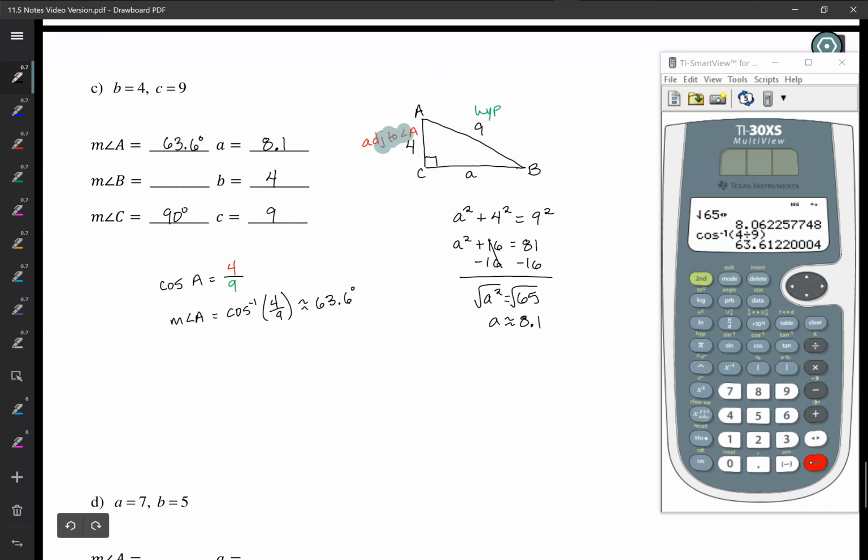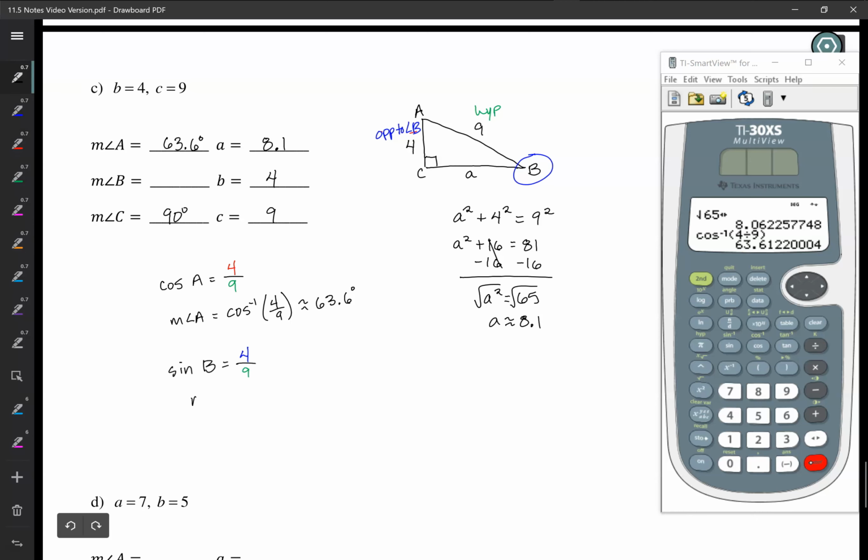If I had been focusing on the other angle, if I'd been looking at B, 4 would be opposite to angle B, and opposite and hypotenuse, so that would have been sine of B equals opposite 4 over hypotenuse 9.